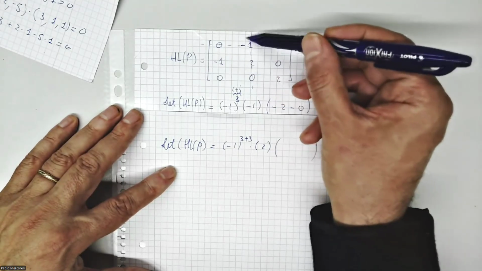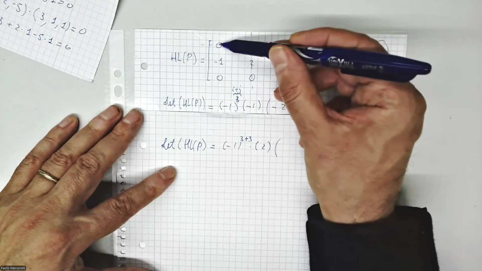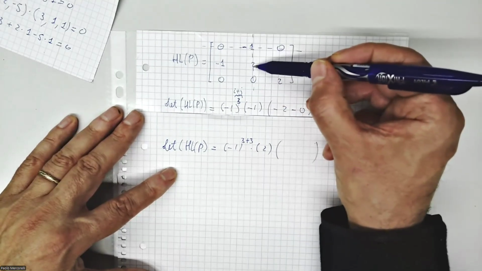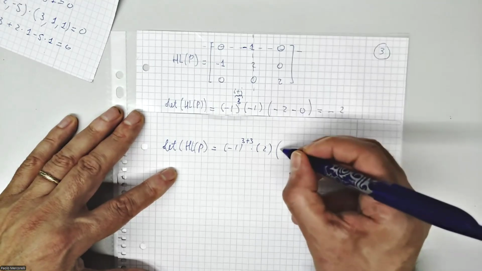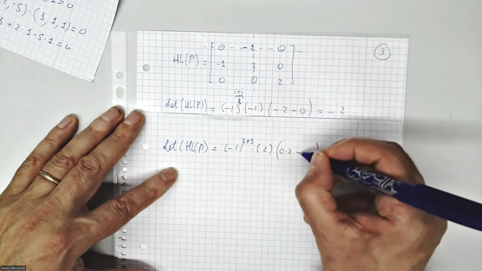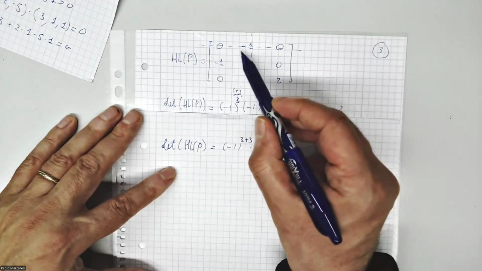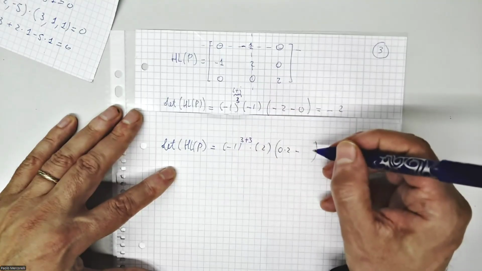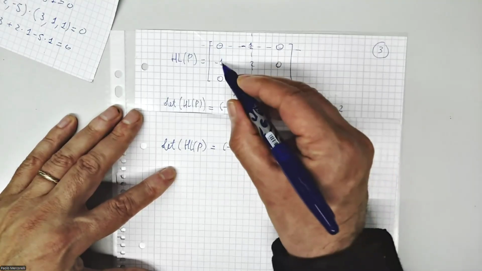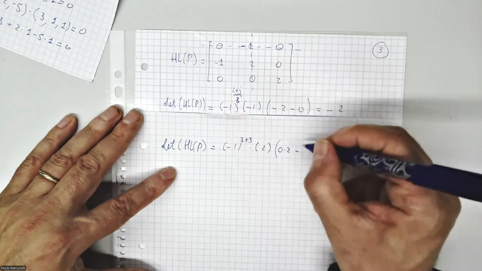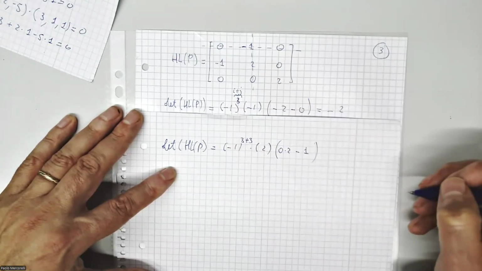Remain these 4 elements. This, we have seen, multiply this minus this multiply this. This multiply this is 1 with minus is minus 1.